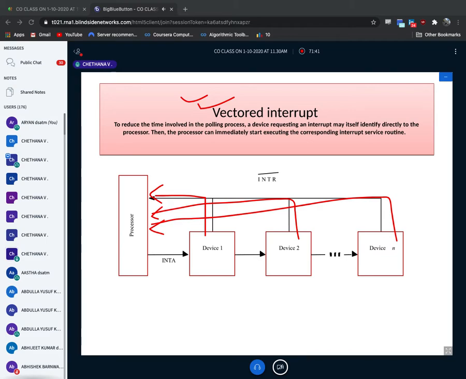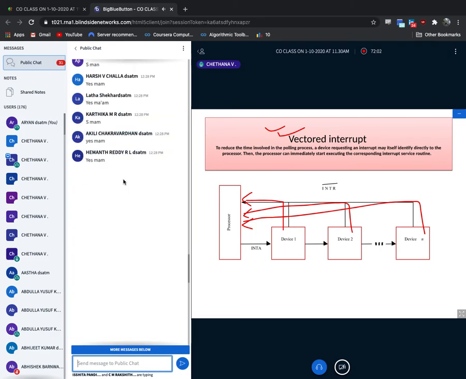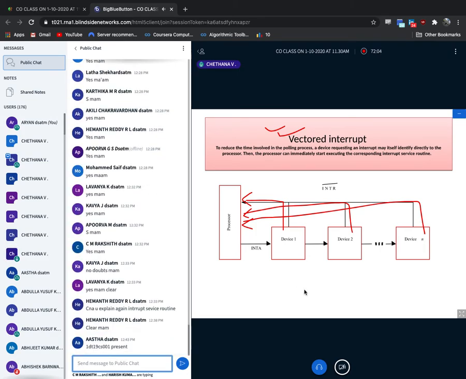Yeah, I'll take attendance right now. Asta, please use microphone. Asta, come to line. You're there. Use microphone.